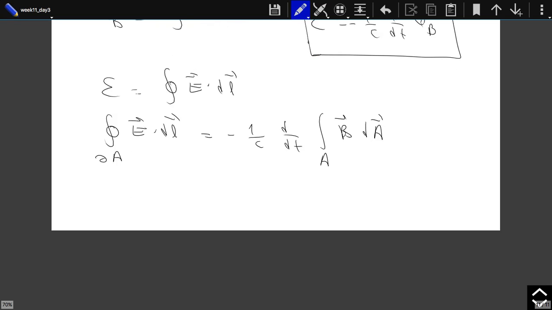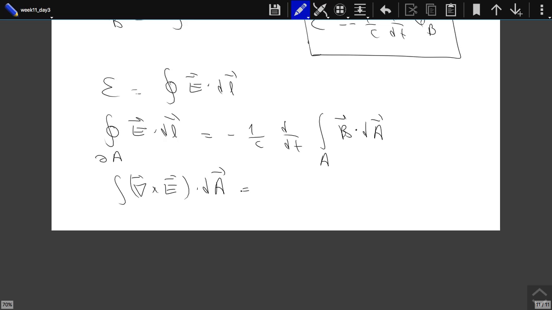Now let's take one more step. The integral over a closed loop, I can convert it to an area integral. It's just the curl of E integrated over my area. This should be equal to, now I am assuming an area that is fixed, so the area doesn't change, it's not moving.